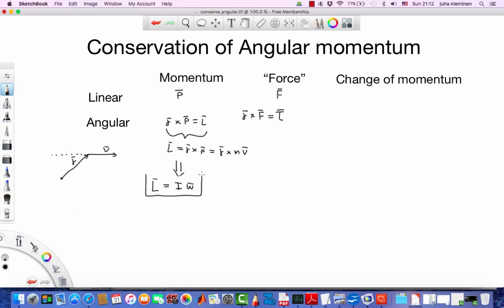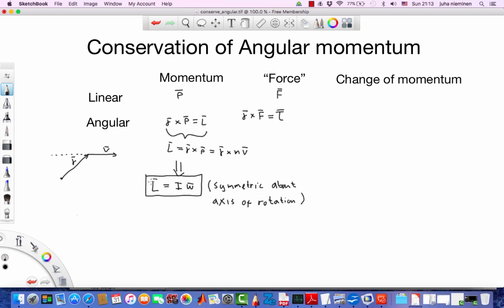This result is true, as I mentioned, only if the body is symmetric about the axis of rotation, and cannot be generalized to all objects.